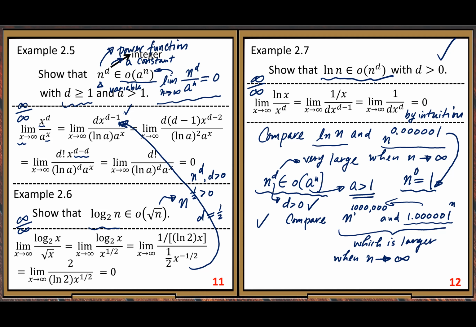When you do experiments, n to the 0.00001, that function increases very slowly, very flat. The curve is very, very flat. The reason is this: your n cannot be too big when you do calculation.